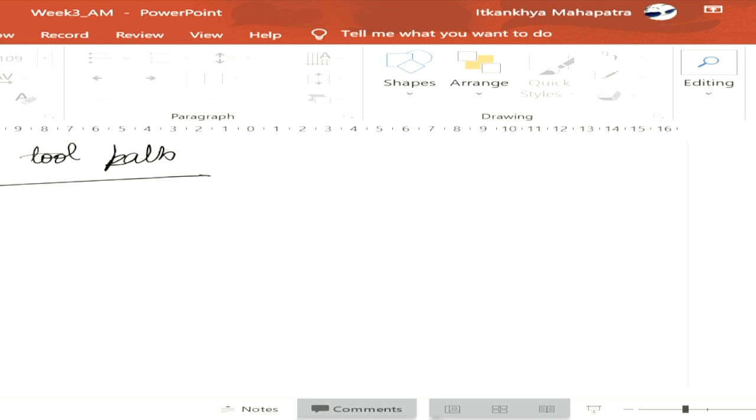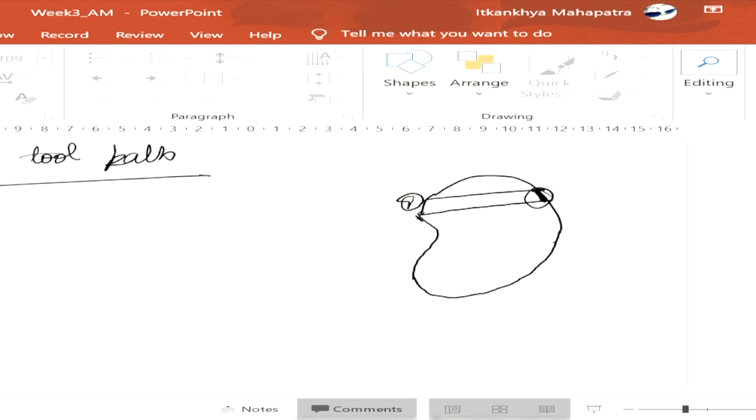Now here what happens is, let's say this is our object model. The tool is here, it goes here, then it travels along this darkened portion. I am just circling it. Then it again comes to this position.